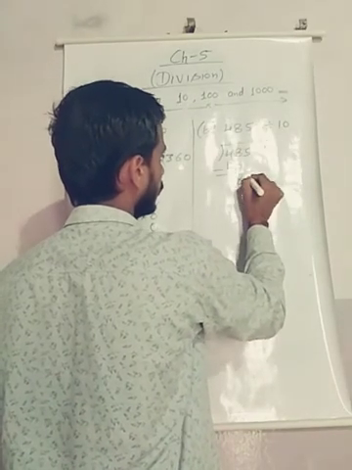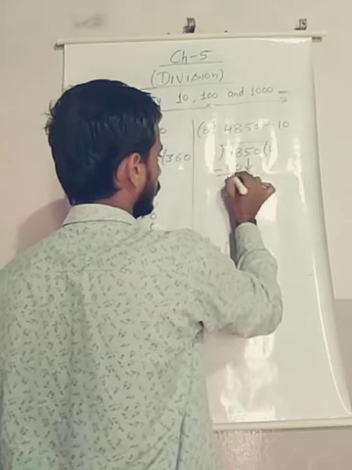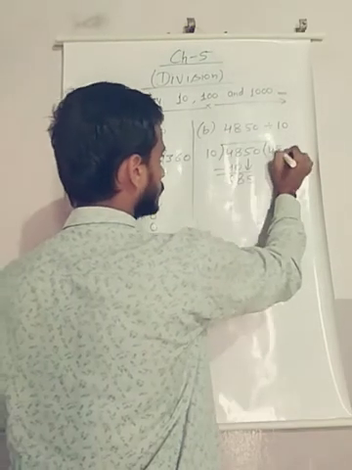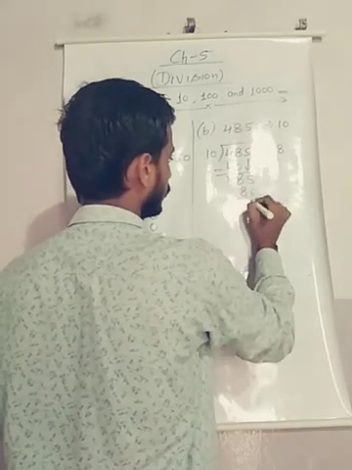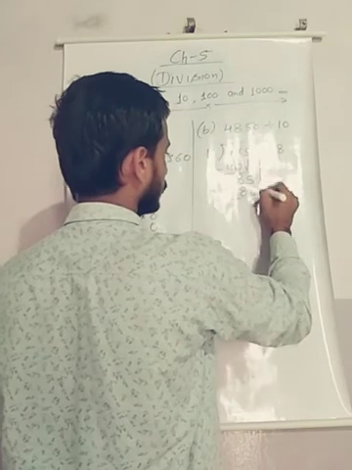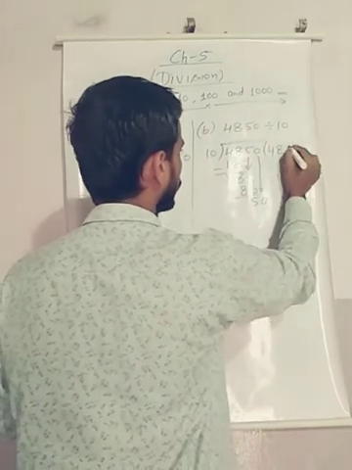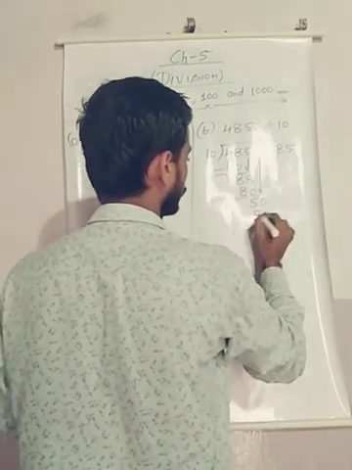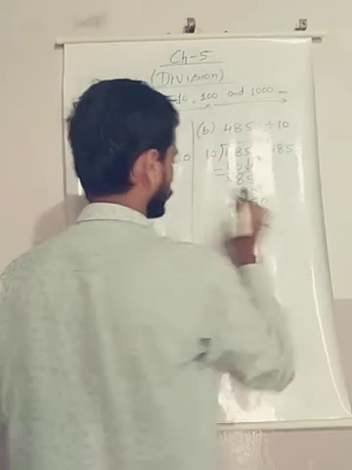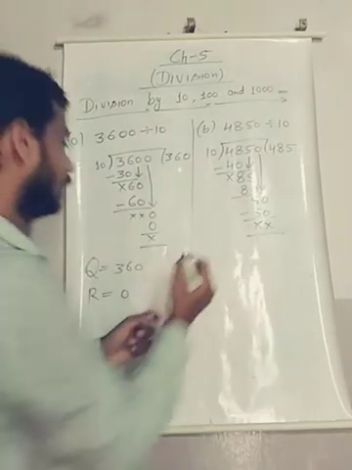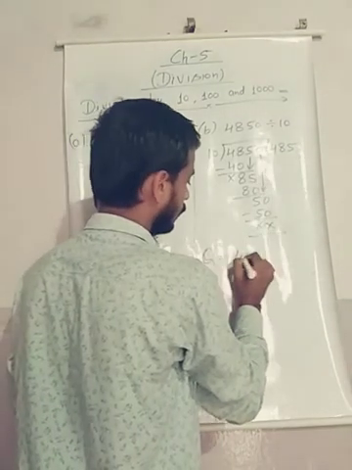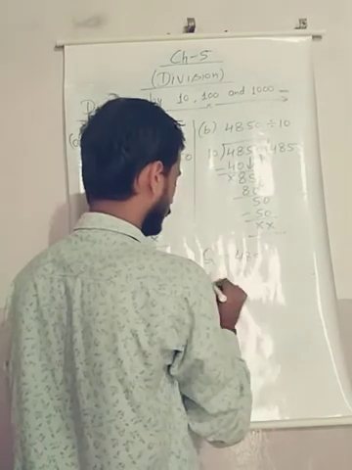Now 8, 5, 85. 10 eights are 80. 5 and then 0, 50. 10 fives are 50. Now quotient is 485 and remainder is 0.